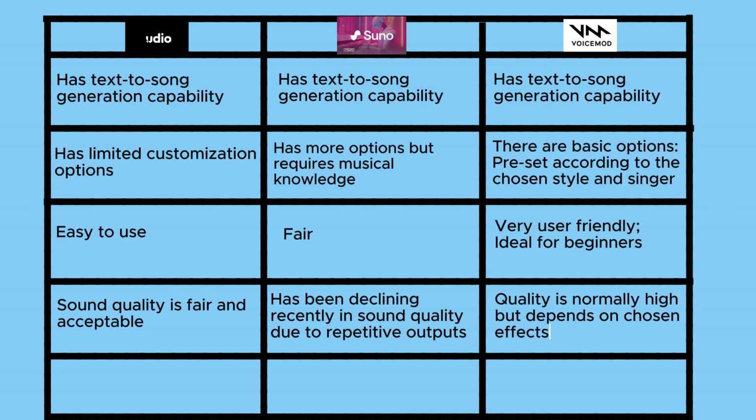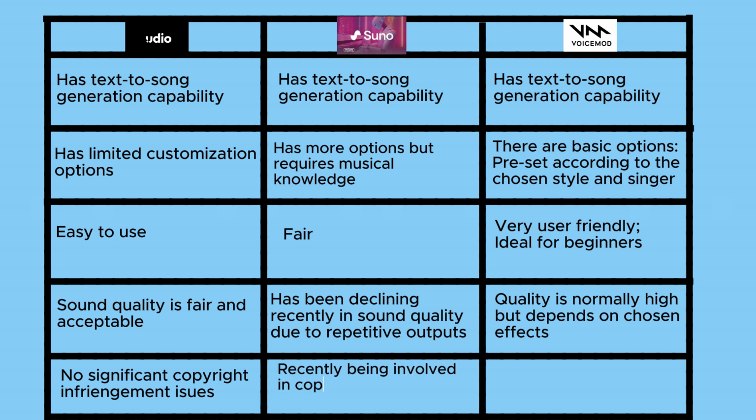For copyright infringement issues, there is no significant report of copyright issues in Udio AI, making it a safer choice for creators. Suno AI has recently evolved in copyright treatment cases, which poses a risk for creators regarding the use of song generation.